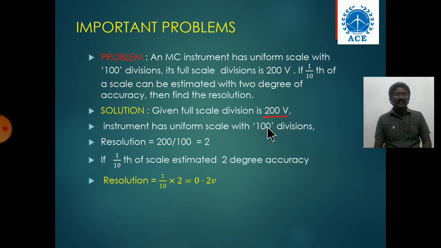Finally you have to see the output in the display, that may be a CRO or X-Y recorder, or some other display systems also. So this is the measuring system.